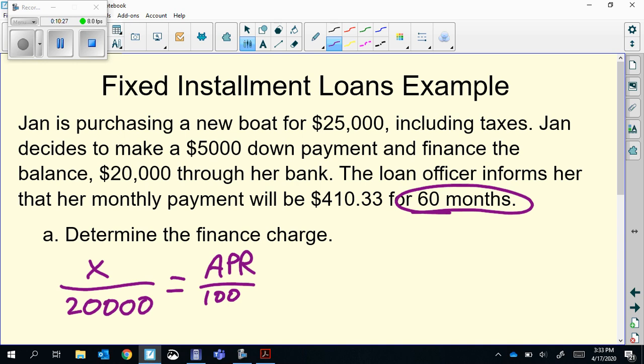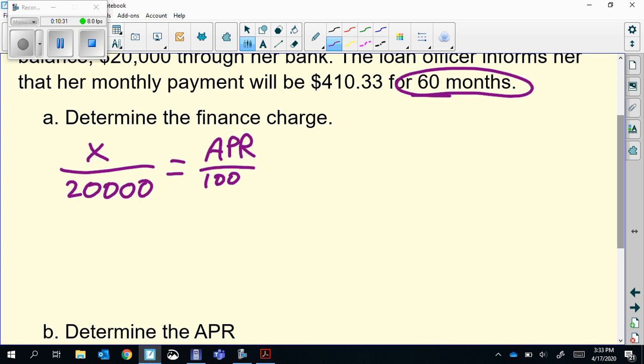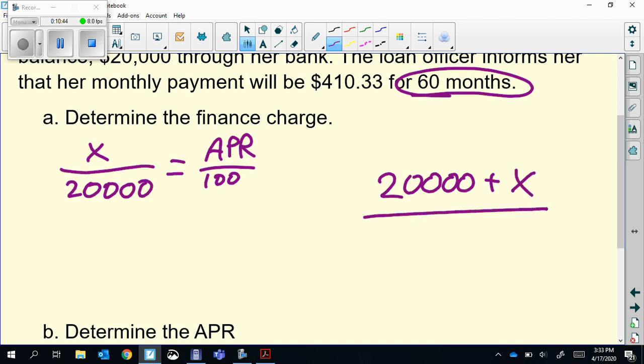We can look at the final step that we did in all of these: you add the 20,000 plus the amount financed, and then you divide it by the number of payments, and that was our monthly payment.